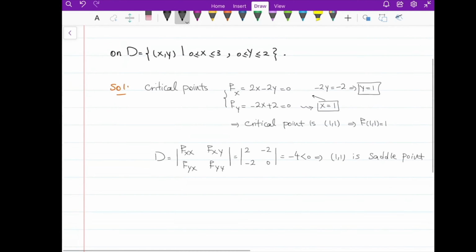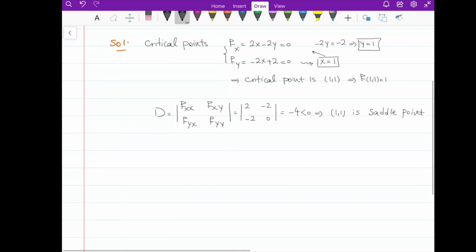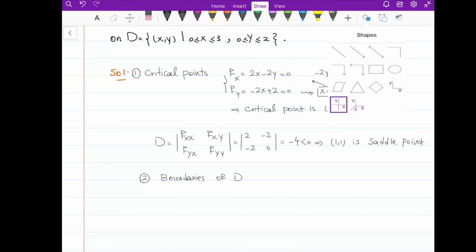Good. So now that I found the critical points, that was the first step. On the second step, I just look at the boundaries of D. So what is D? Let me bring D here.